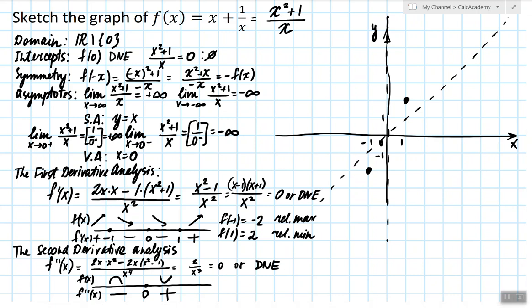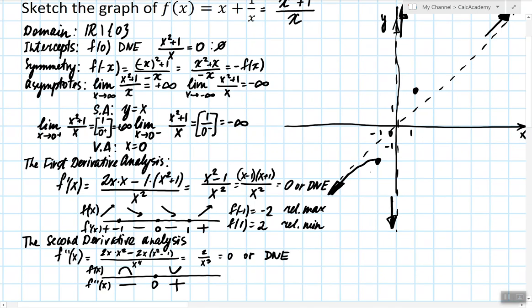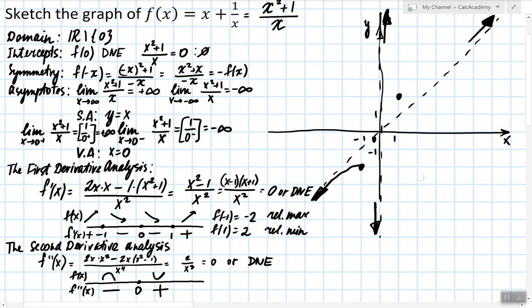The function starts at negative infinity from this slant asymptote, and it's increasing. It reaches a relative max at -1. It turns around and goes to negative infinity as x approaches 0 from the left.